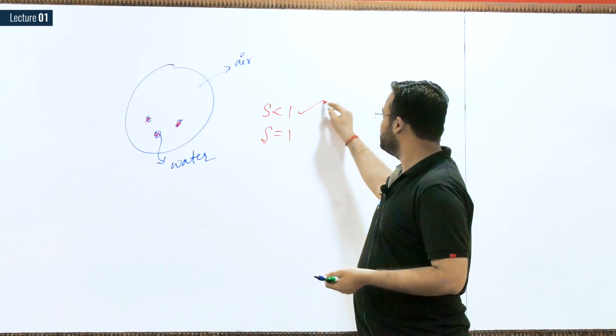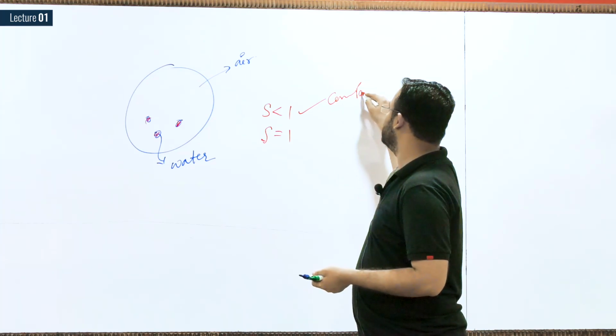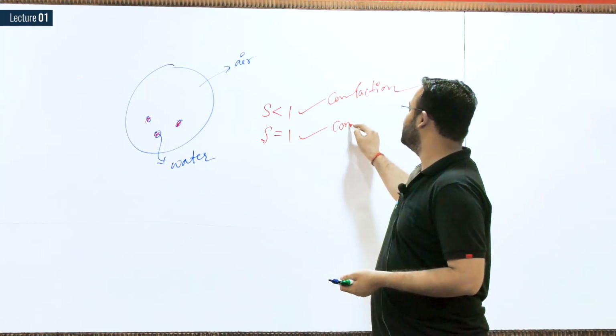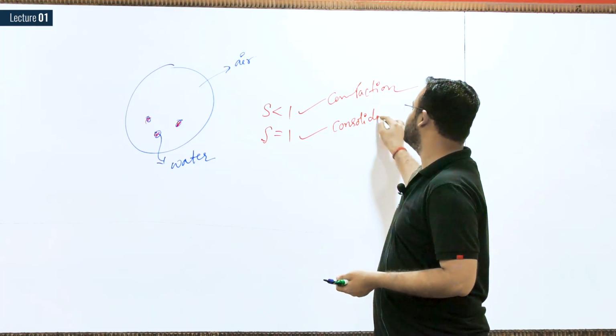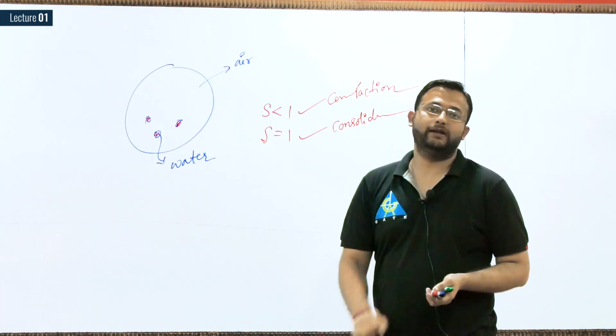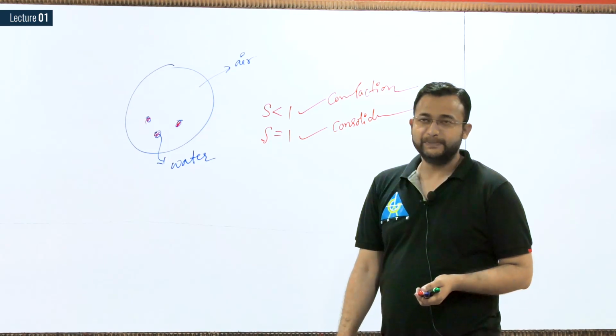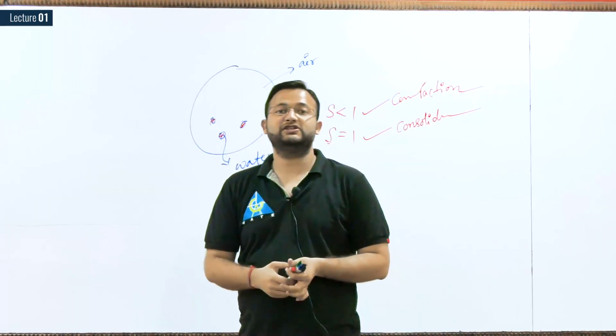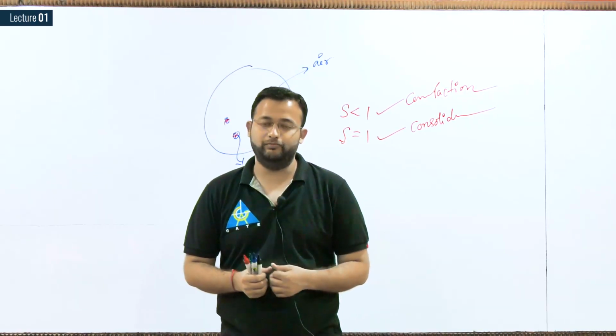So when you perform compaction, the degree of saturation will be less than 1, and when you perform consolidation, the degree of saturation is exactly equal to 1. Clear? Now why can we perform compaction before the construction of a building?